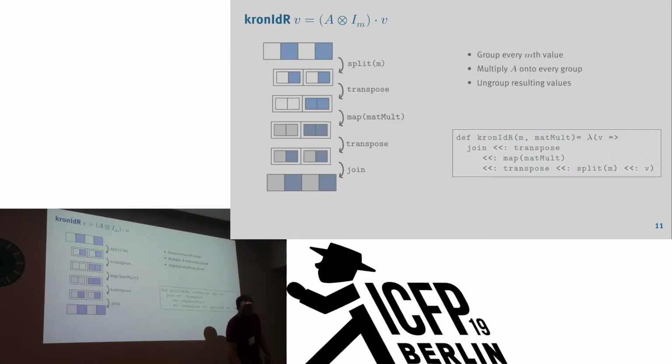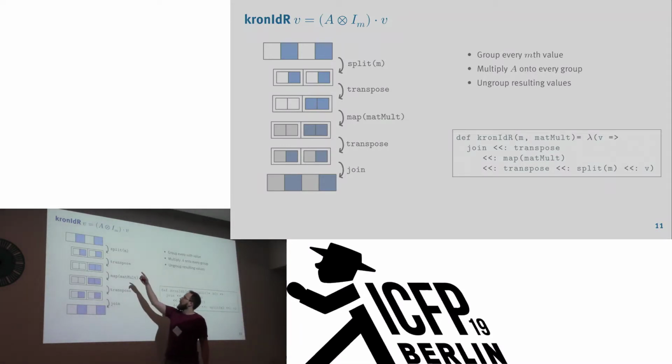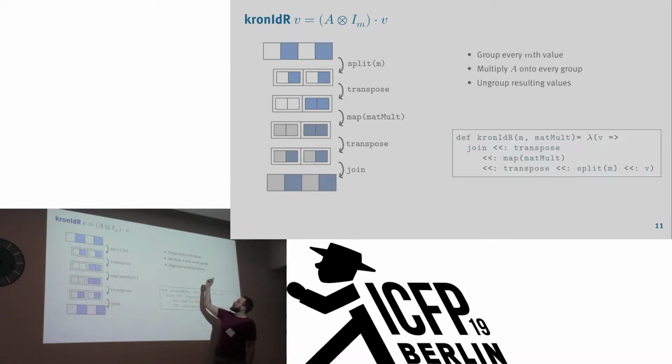Okay. So we can express this in Lift by defining again a new Lift function, cron ID rv, that says we have the Kronecker product with an identity matrix on the right. We can simply use the Lift primitives to first group every m-th value for an identity matrix of size m.